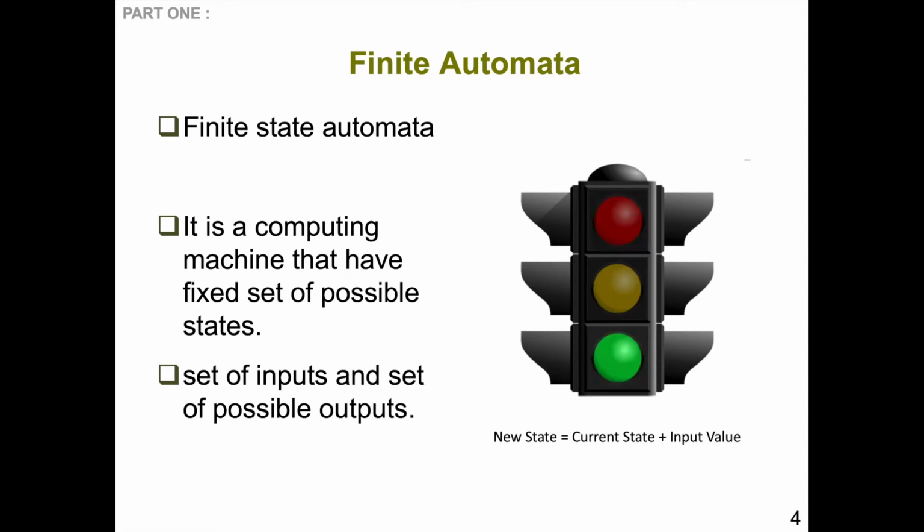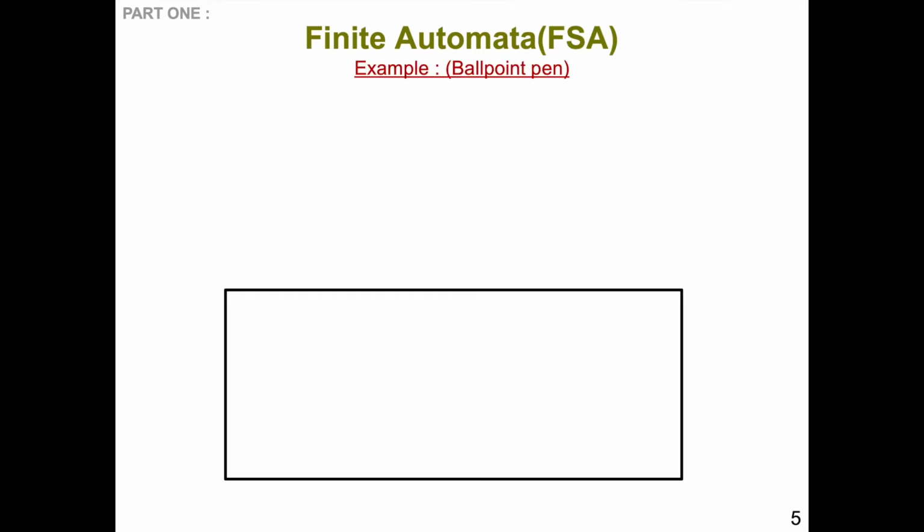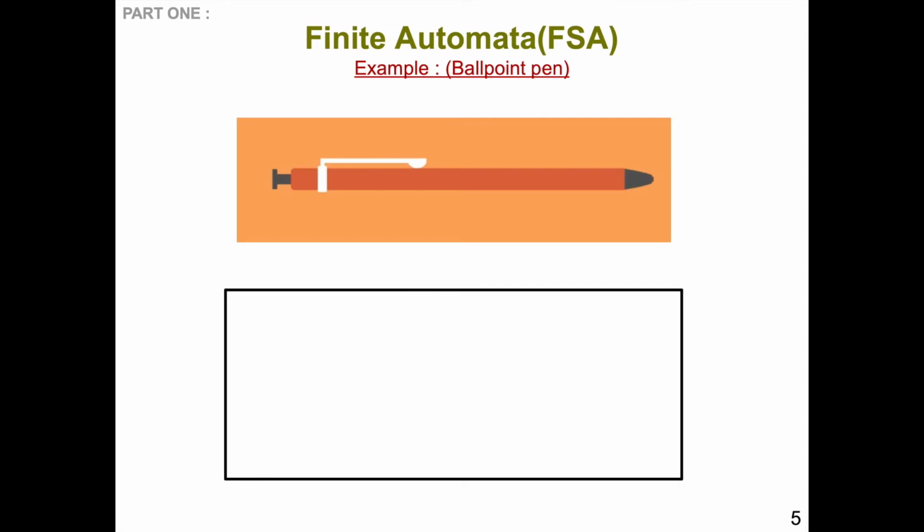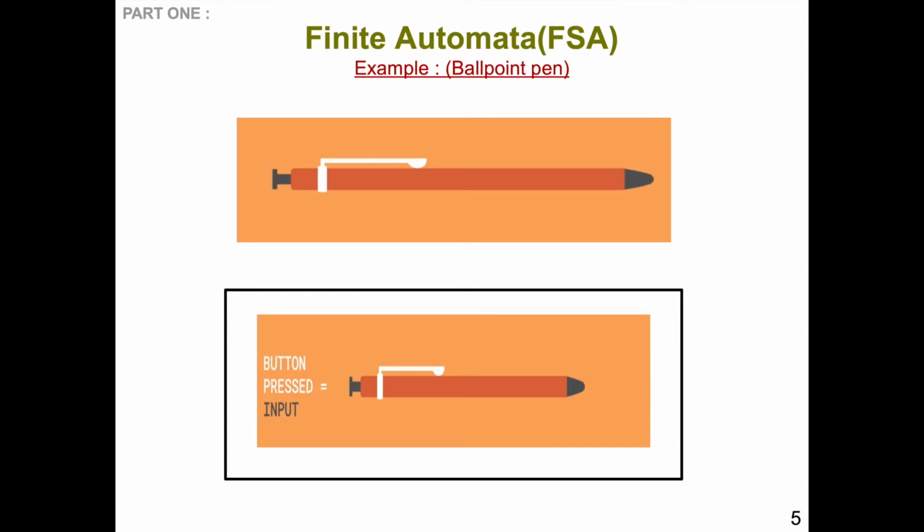But let's demonstrate the concept in another real-life example. The example is the ballpoint pen. Here is the ballpoint pen. I believe that all of us have come across this machine. If you just concentrate on the ballpoint pen, you will find there is a place we can consider as an input, which is the button at the end.